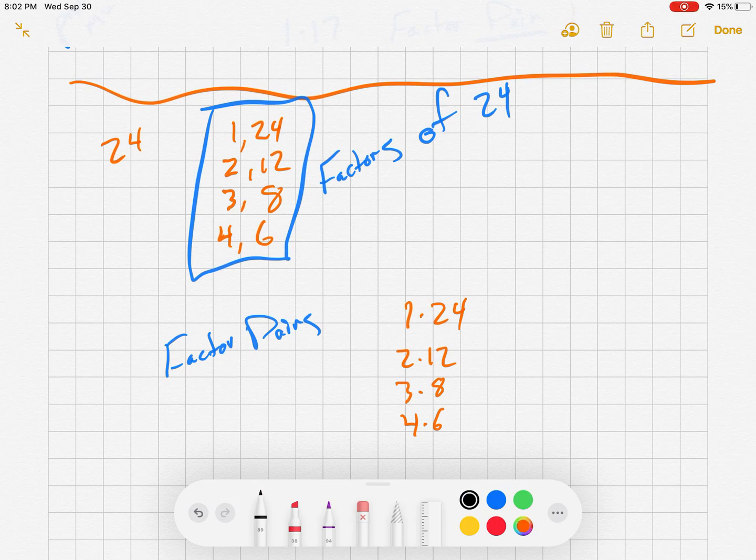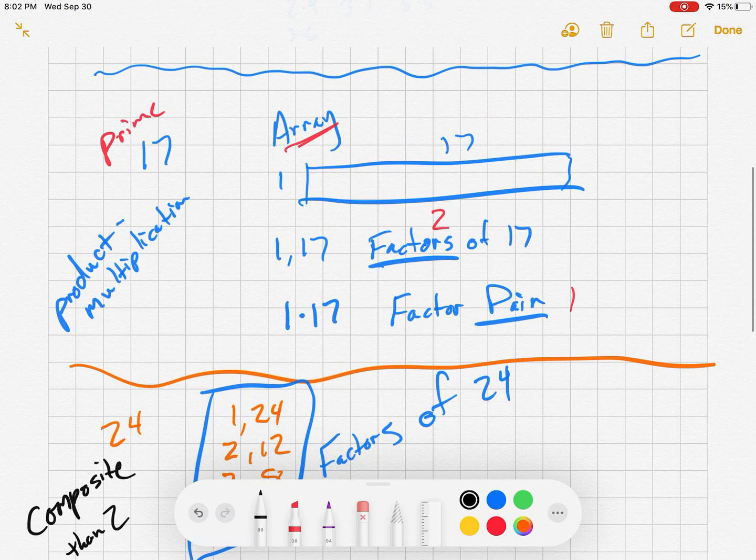Now, let's take a second, step back. What type of number is 24? It's composite, right? So if it's a composite number, it's going to have more than 2 factors. Okay, we bounce back up here. How many factors were there for a prime number like 17?